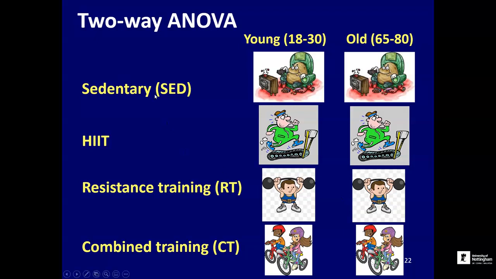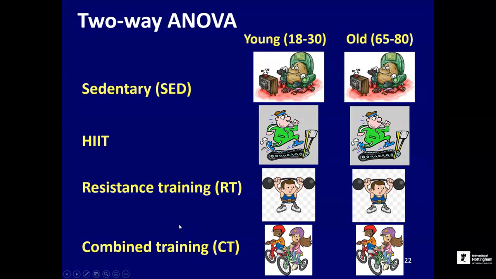So we have sedentary people who are not being told to exercise at all, and then people are randomly assigned, if they're not randomly assigned to the sedentary group, to one of 3 different training regimes. There's the high intensity training, there's resistance training with weights, or there's a combination of different forms of training. I think a mixture of high intensity and resistance, but I can't be sure about that. But anyway, certainly some combined exercise regime.